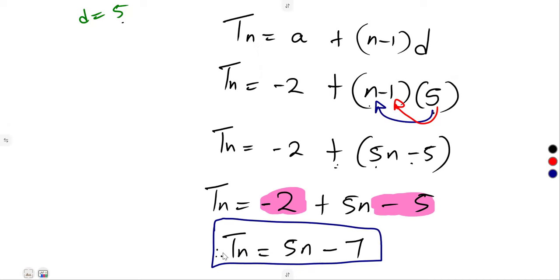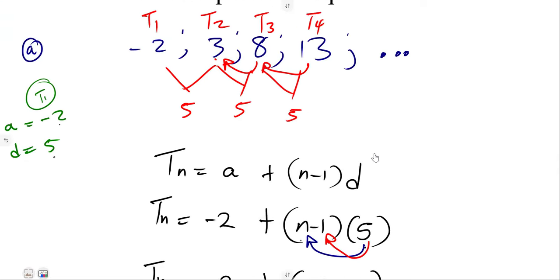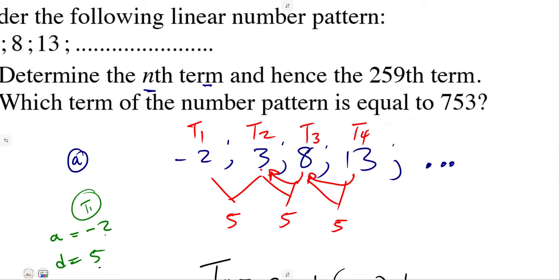This is our Tn in its simplest form. Substituting is not enough; you are supposed to simplify it. It must be in the simplest form, just like what we saw in the previous questions. With this Tn, we can also determine the 259th term when n is 259.